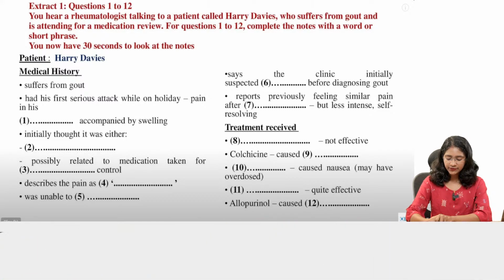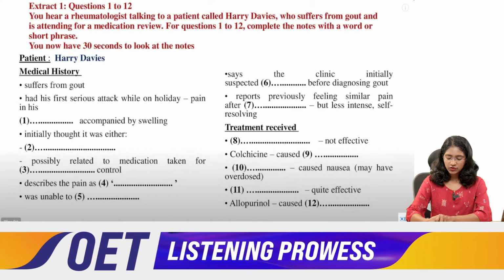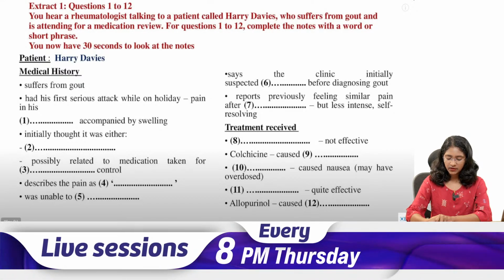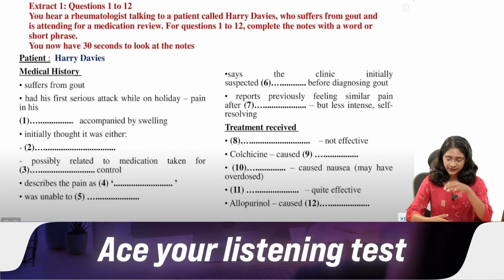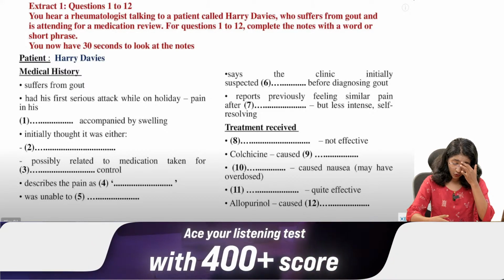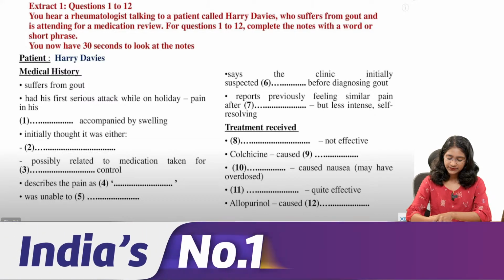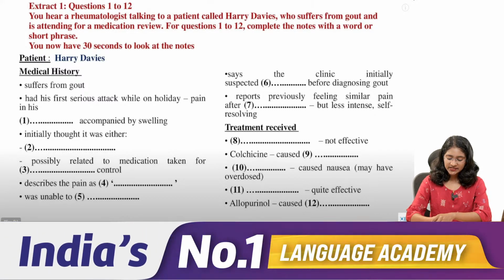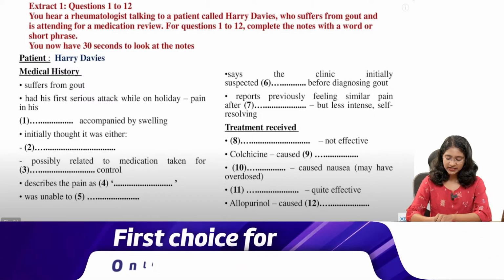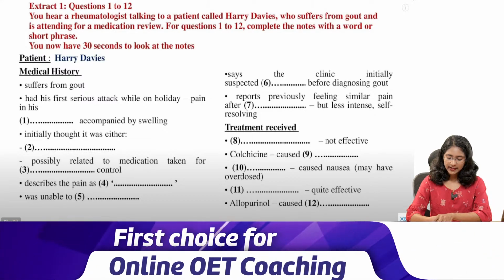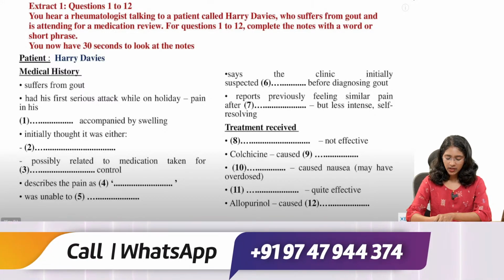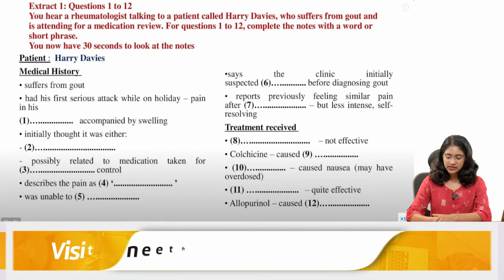Next bullet point: colchicine, caused dash. Tenth one: dash, caused nausea, brackets, may have overdosed. Eleventh one: dash, quite effective. Next bullet point: allopurinol, cost, dash.